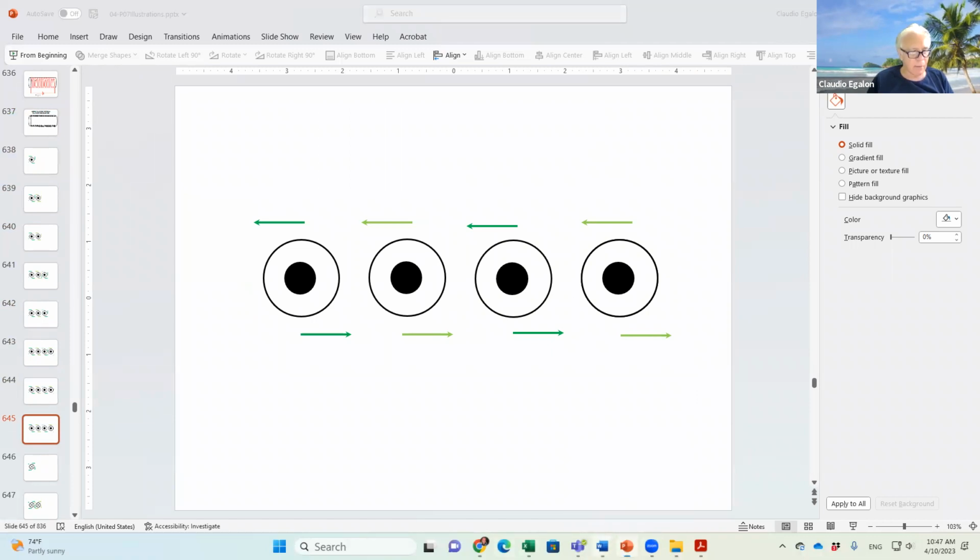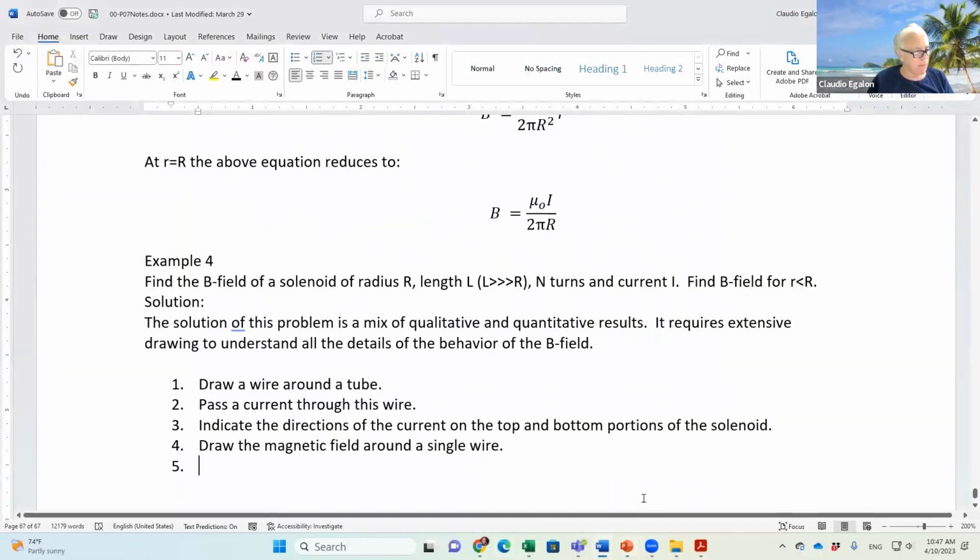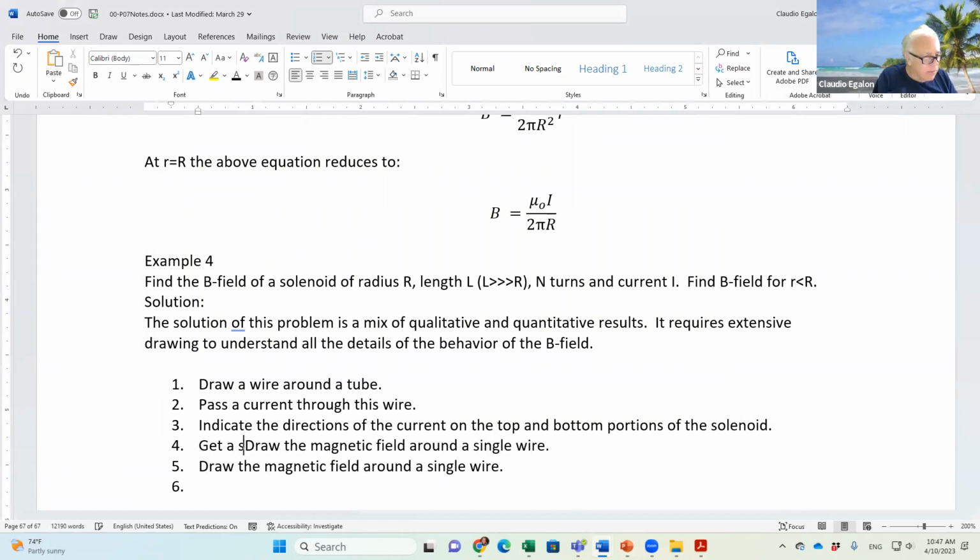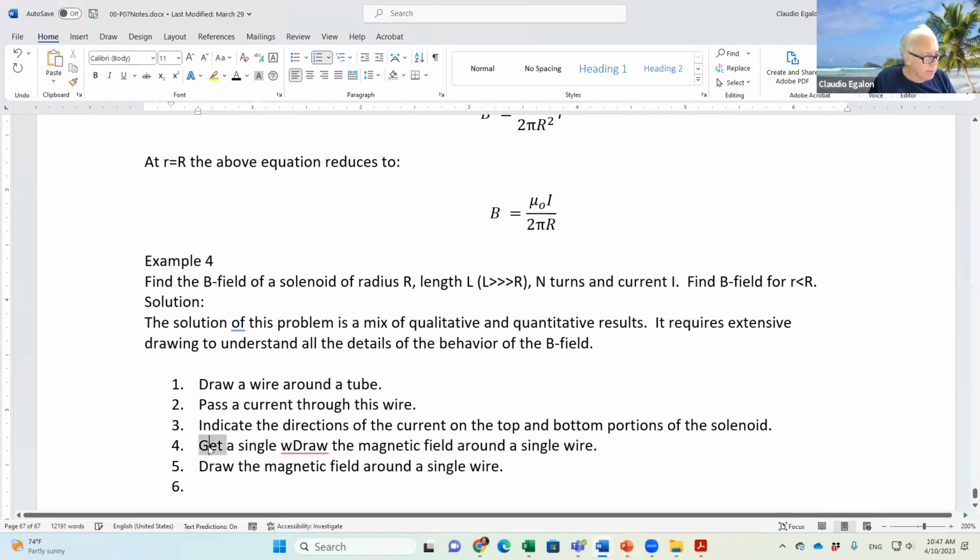Let's write that down there. Draw the magnetic field around a single wire. Indicate the direction of the current at the top and the bottom. Let's see. Get a single wire.